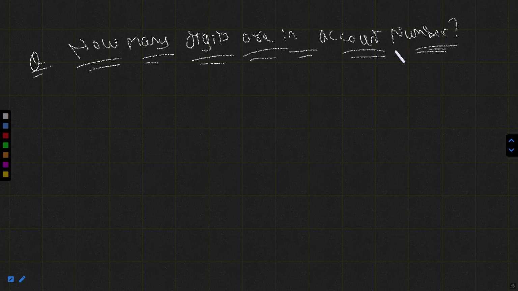Like in the IFSC code we had discussed, there are 7 digits. So how many digits are in the account number? If we go by this question, the account number has different criteria for the private banks and the public banks.